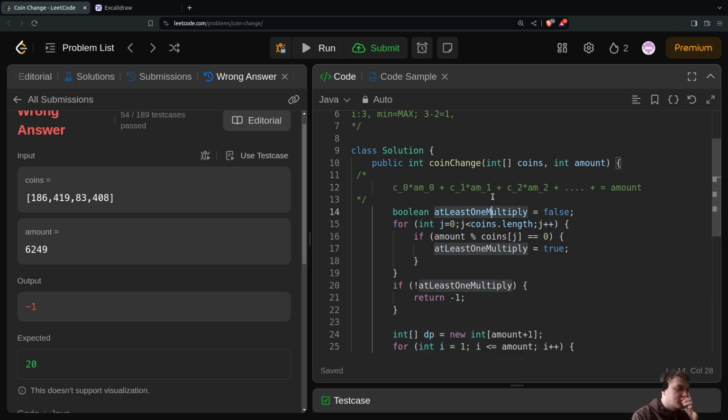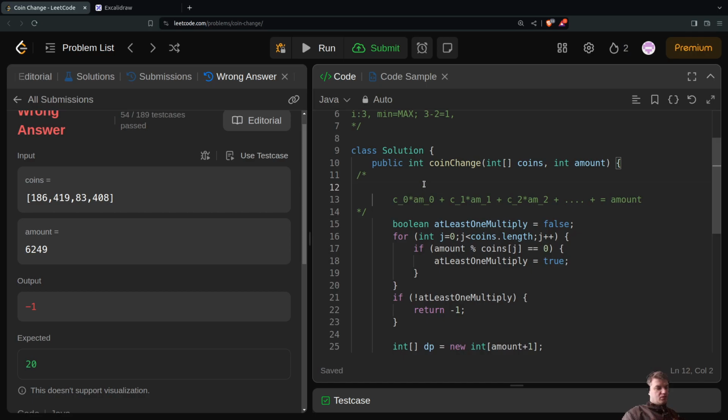Can I check all combinations? So if I sort, still, even if I have specified amount 0, amount 1, and so on, how can I check it?